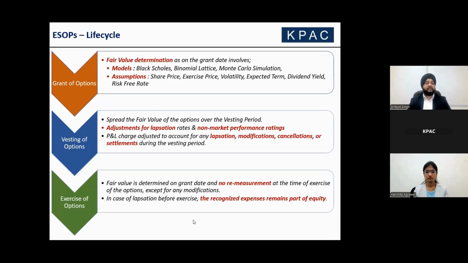However, a key thing to note here is that the fair value of the option is determined at the grant date, and unlike cash-settled instruments, there's no remeasurement at the time of exercise, unless any modification to the ESOP scheme has been made. If the employee decides not to exercise and lets the option lapse, the expense that was previously recognized will not be reversed. It will remain part of equity and will not be reversed through the income statement.